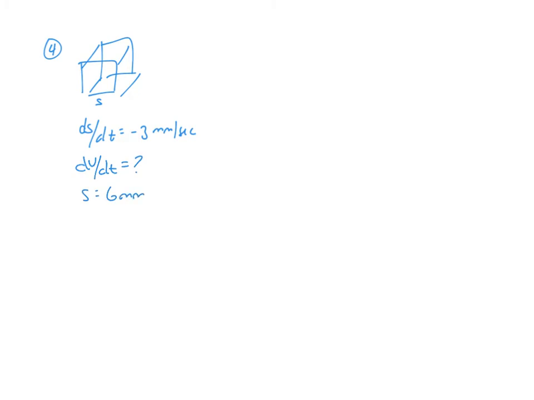All right, so our volume of a cube is side cubed. So when we take the derivative, we get 3s squared ds dt. 3, 6 squared, and then negative 3.